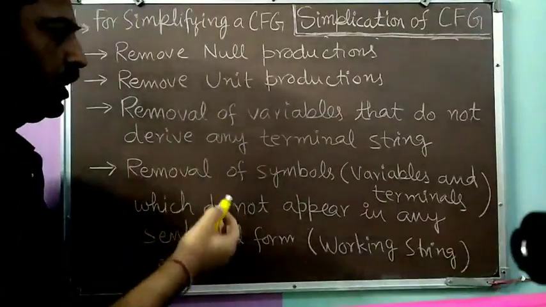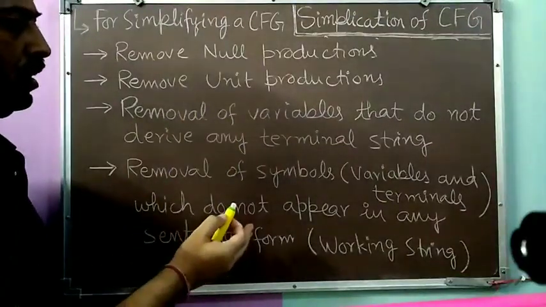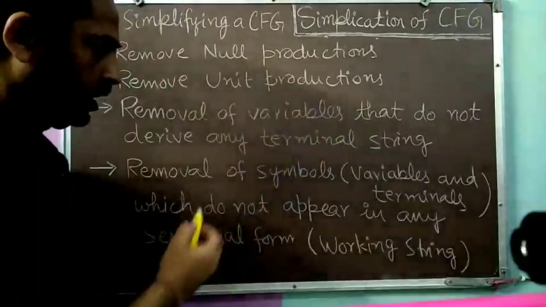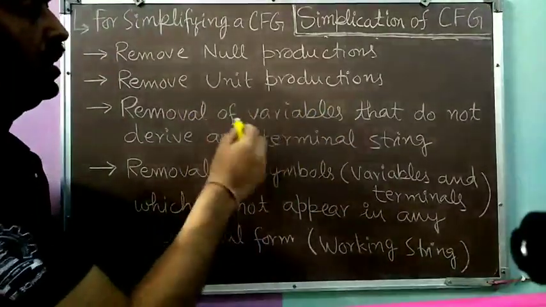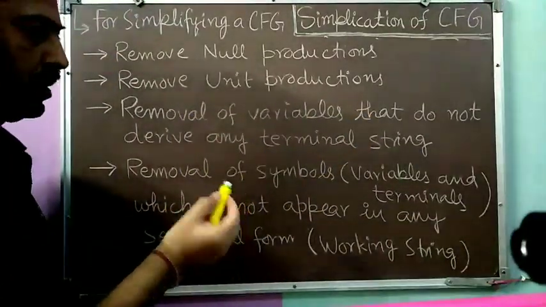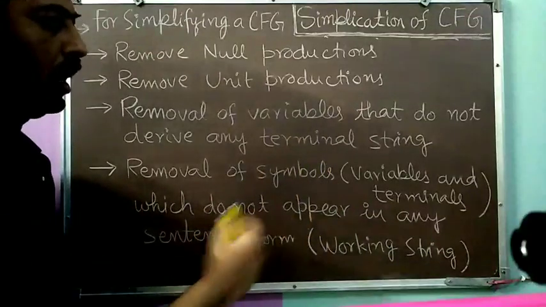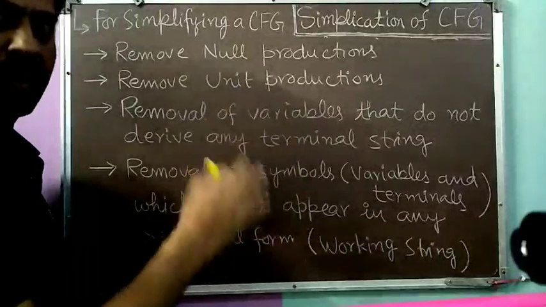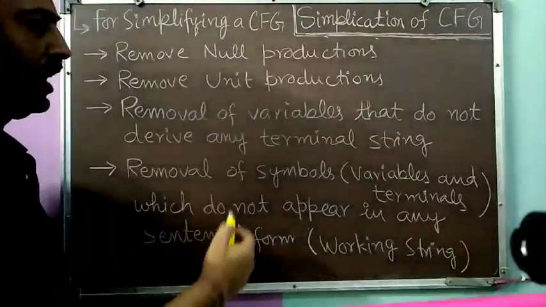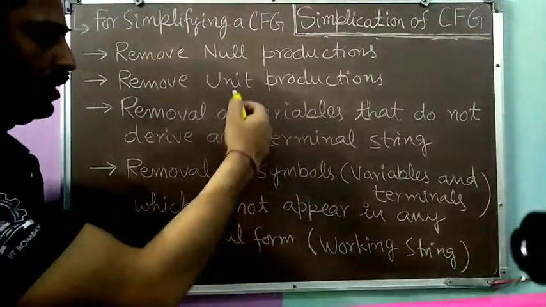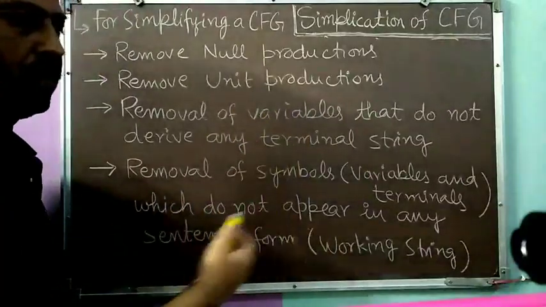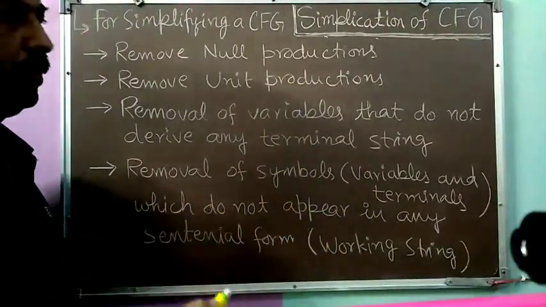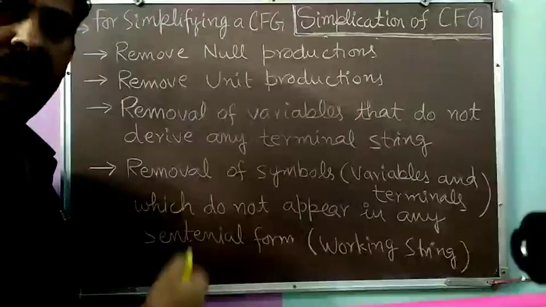Although with experience we can analyze simple grammars and find which variables do not derive terminal strings and which symbols do not appear in any sentential form. But if our grammar is quite complex, then just by analyzing, finding such variables or symbols is not possible. So it is only possible through the algorithm.